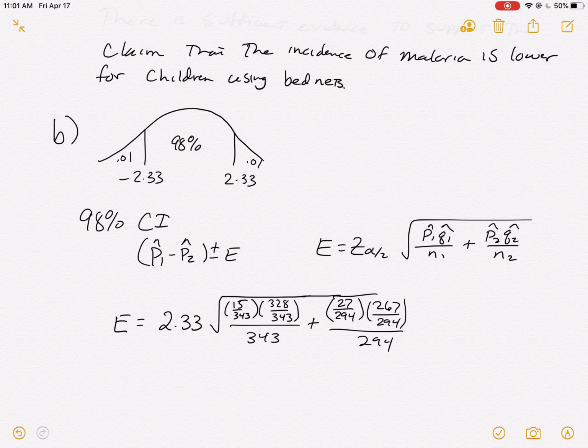And we end up with an error that looks like this, 0.046925, and then it just keeps going. I'll put all the numbers that I see.